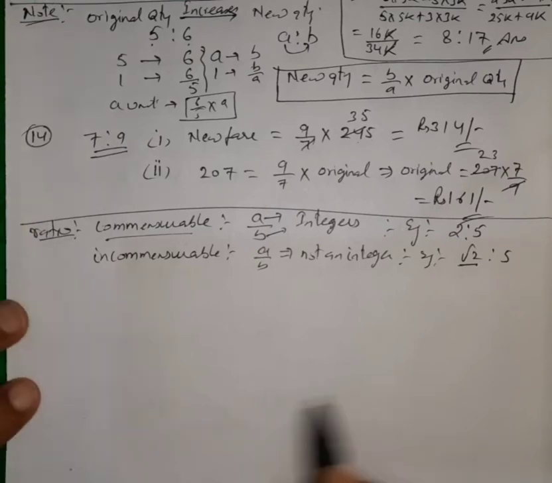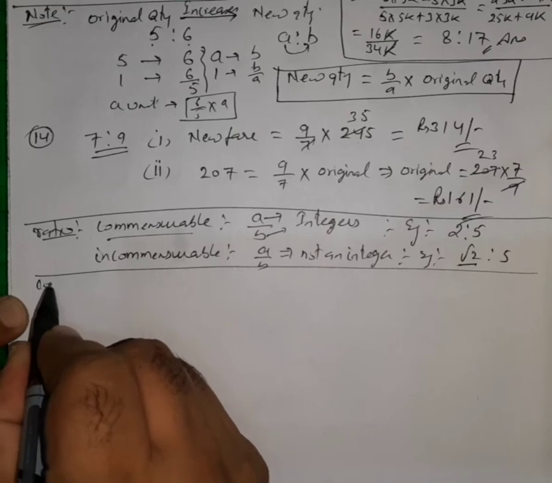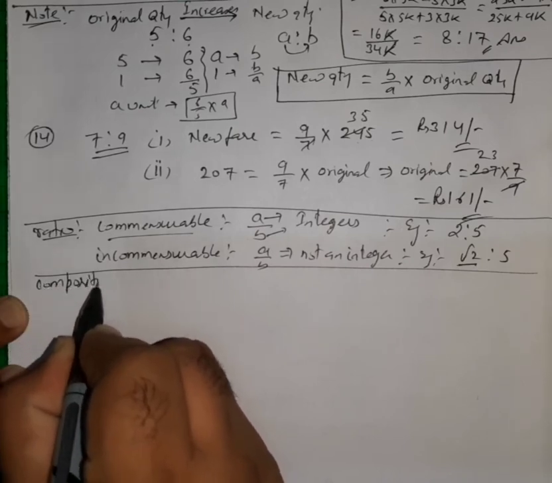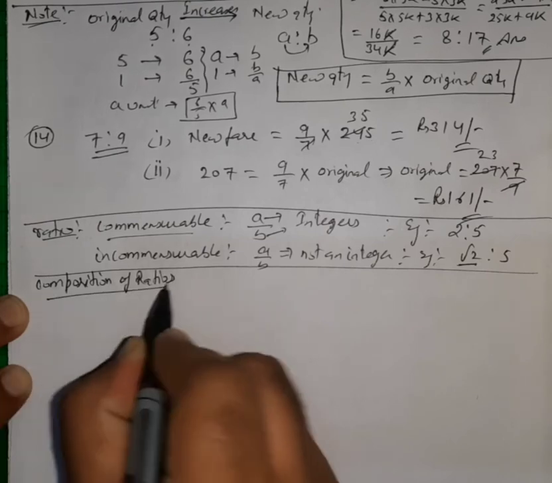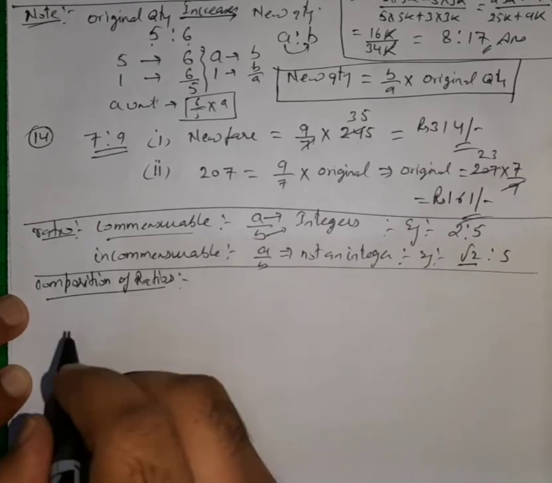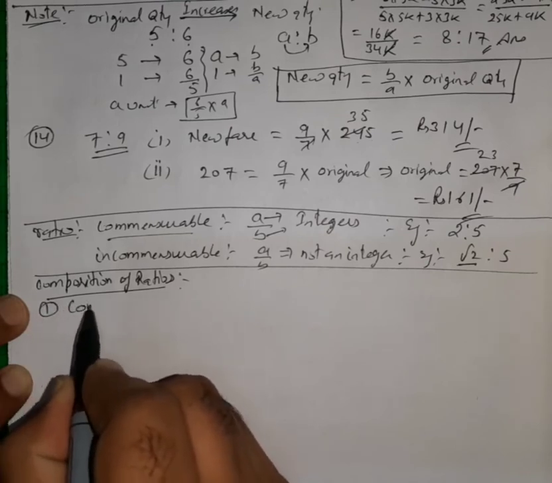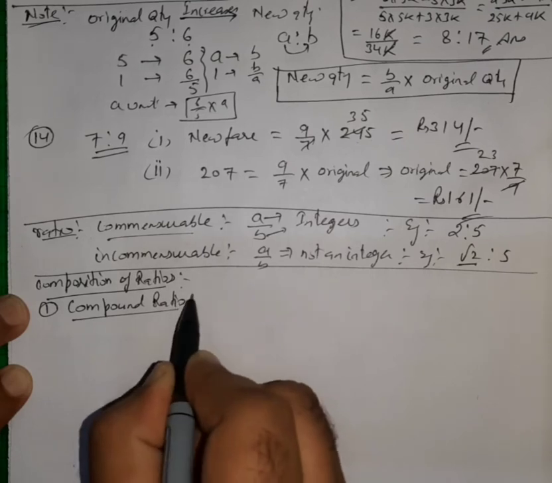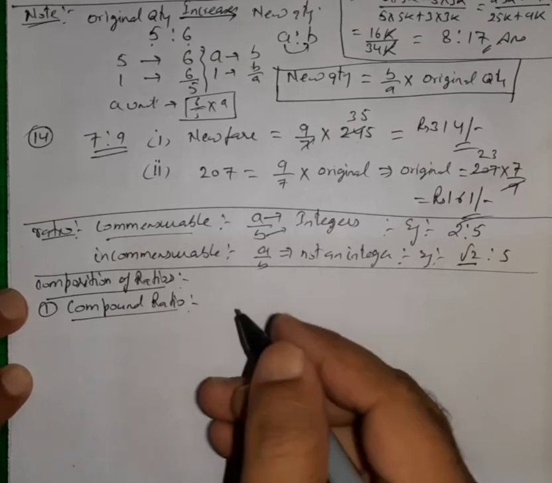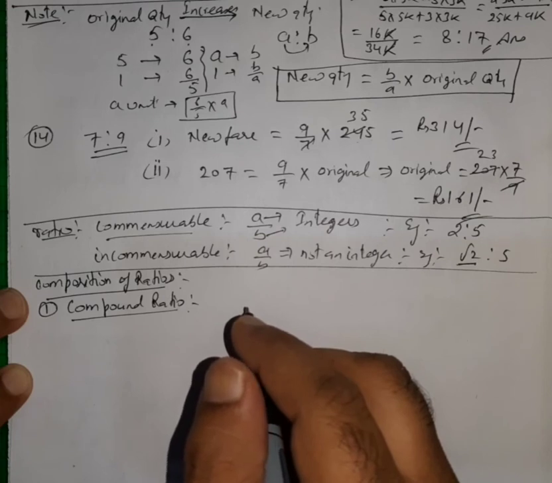So now the next topic is the composition of ratios. In this composition, first is called the compound ratio. The compound ratio is the ratio between the product of antecedents to the product of consequents.